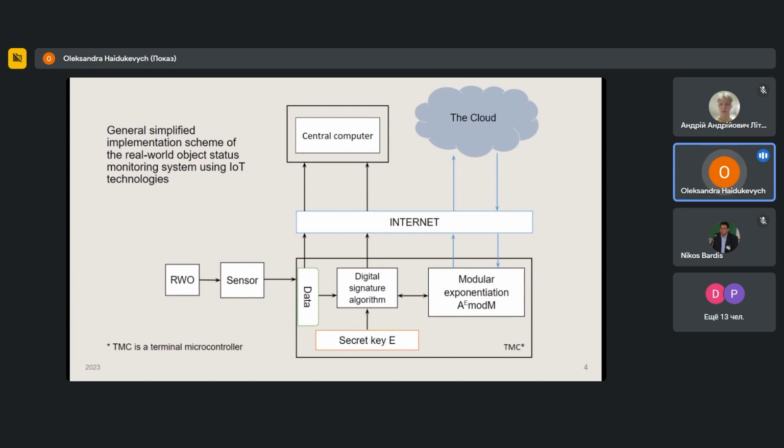To achieve this, it performs modular exponentiation calculations, with a substantial portion of the computation being offloaded to the cloud. This design ensures that the secret key remains practically irretrievable based on the transmitted data. Once the calculations are finalized, the terminal microcontroller generates a digital signature using the result obtained from the cloud, and this signature, along with the data, is then sent to the central computer.